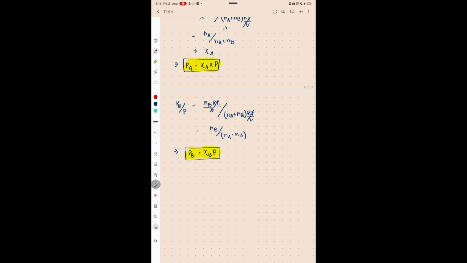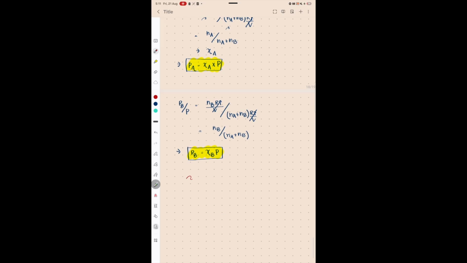So what will be the general form? The general form will be Pi is equal to mole fraction of that gas in the final state into total pressure, or the final pressure. Don't be afraid of these notations. Try to understand this only, right?